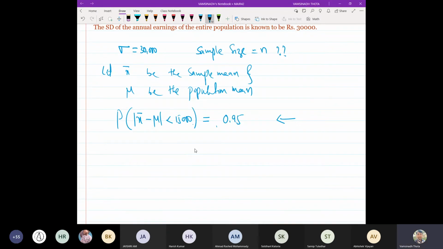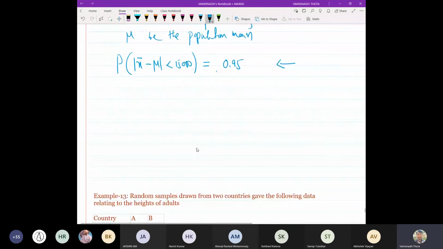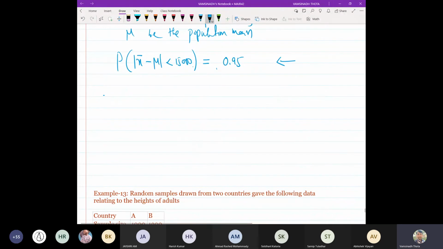Okay, so this is what we need to evaluate basically. But what we know, the test statistic, that is the difference between the sample mean and the population mean, follows the standard normal distribution, where sigma is already given to us, and n we have to evaluate depending on this condition, right?